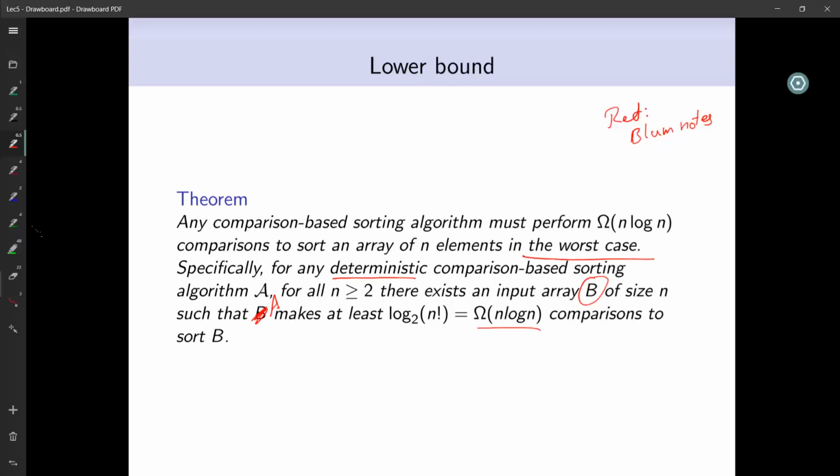This algorithm might be practically very useful because that one array may not come up in practical scenarios at all. Whereas theoretically, for us the algorithm will still require omega n log n comparisons. So this is the worst case scenario.